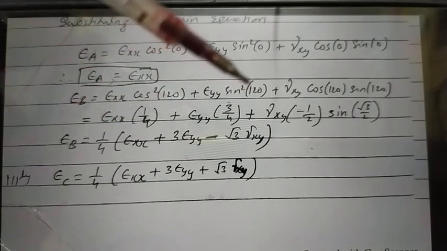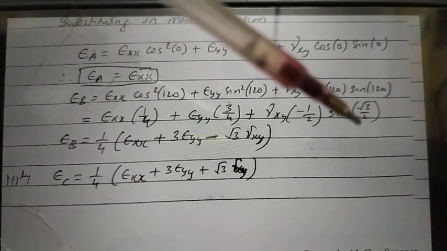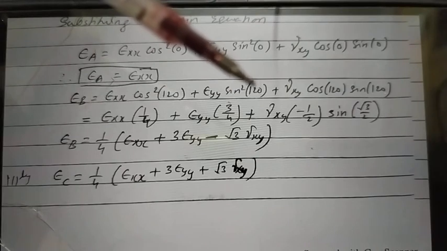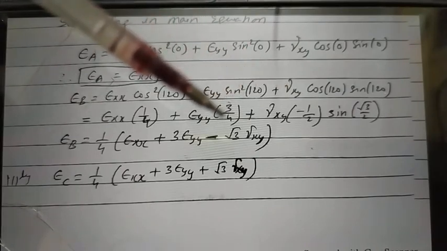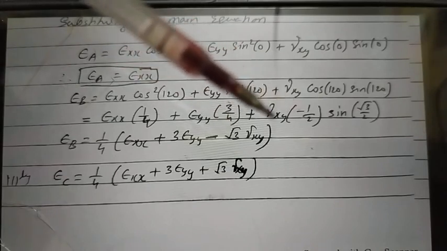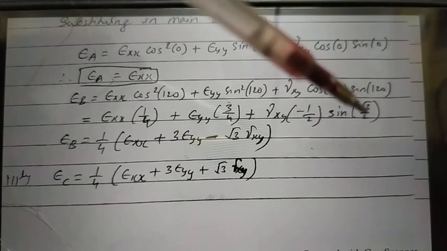Similarly, for epsilon yy, sin 120 is equal to root 3 by 2, and if you square that, you are going to get 3 by 4. Similarly, in gamma xy, cos 120 is minus 1 by 2 and sin 120 is root 3 by 2.